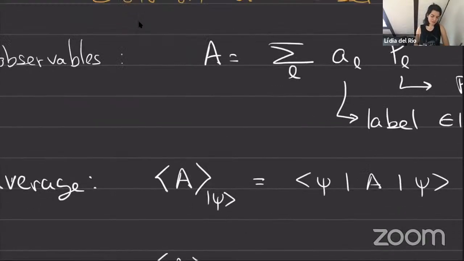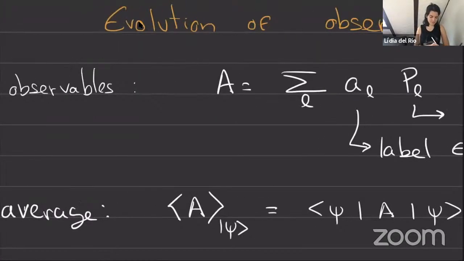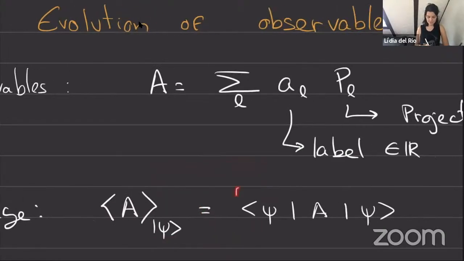Good. And now just for some notation, remember that the average of an observable, we deduced, is computed by this inner product of the state, the observable and the state again. We represented it like this.